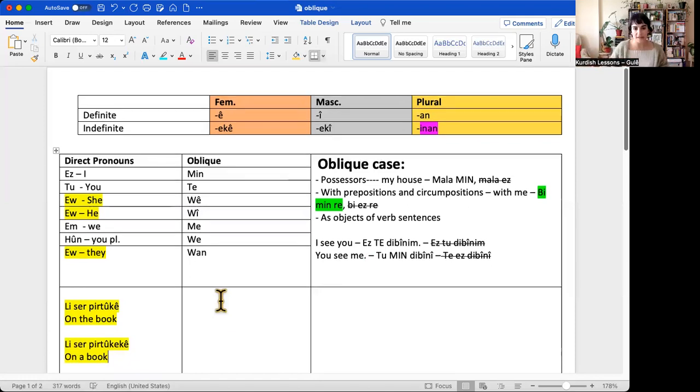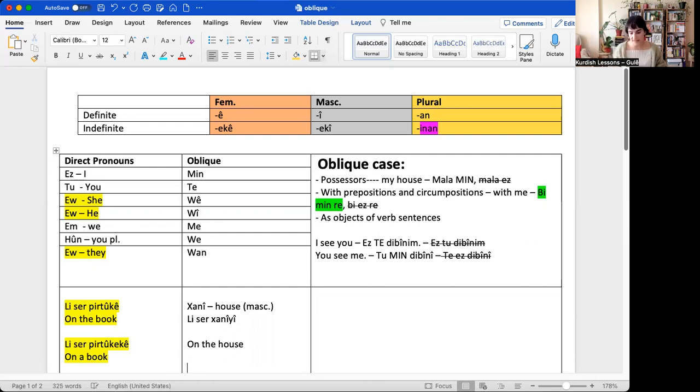Okay, so it's feminine. And if it's a masculine noun, for example, what is masculine? I need something masculine. For example, xanî is house, right? It's a masculine noun. So we'll say li ser xanî, on the house.